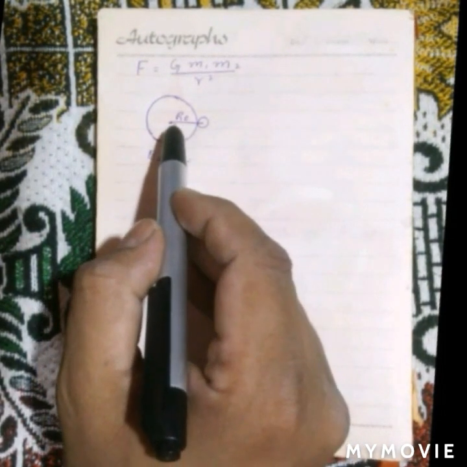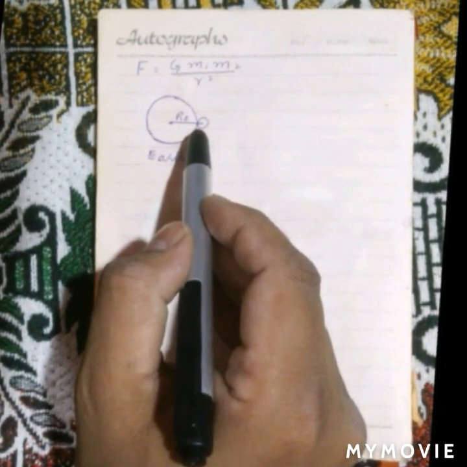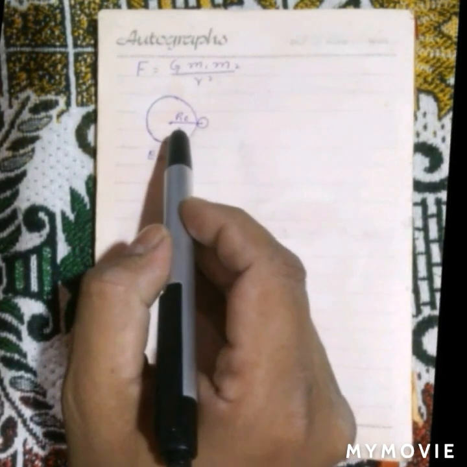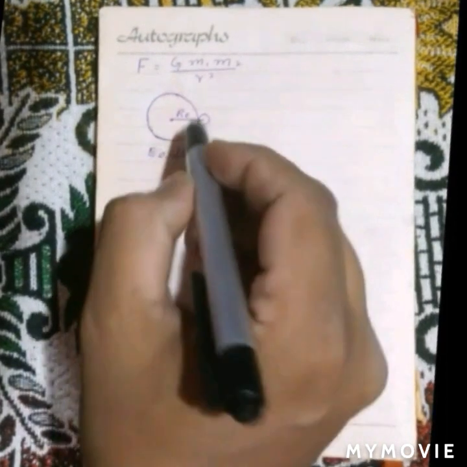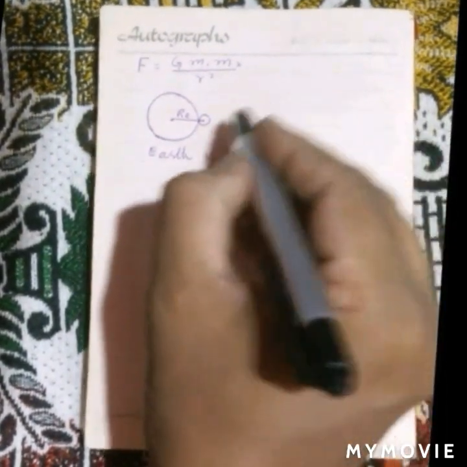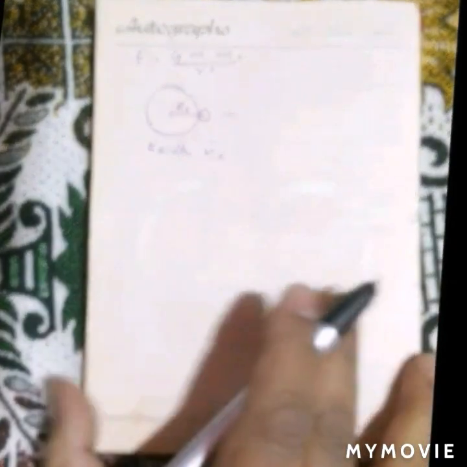When we are calculating the radius of earth, the radius of the ball will be a few centimeters, which will be negligible when we are expressing both together. The mass of the earth, I will take it as Me, and the mass of the ball will be taken as m.